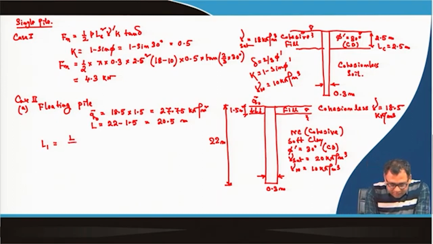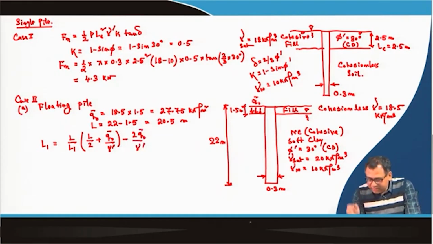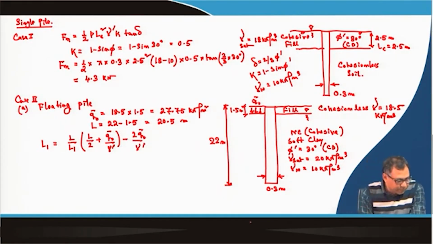So, L by L1 is equal to L by 2 plus Q 0 bar divided by gamma dash minus 2 Q 0 bar divided by gamma dash, and gamma dash is equal to 20 minus 10, that will be 10 kilonewton per meter cube.